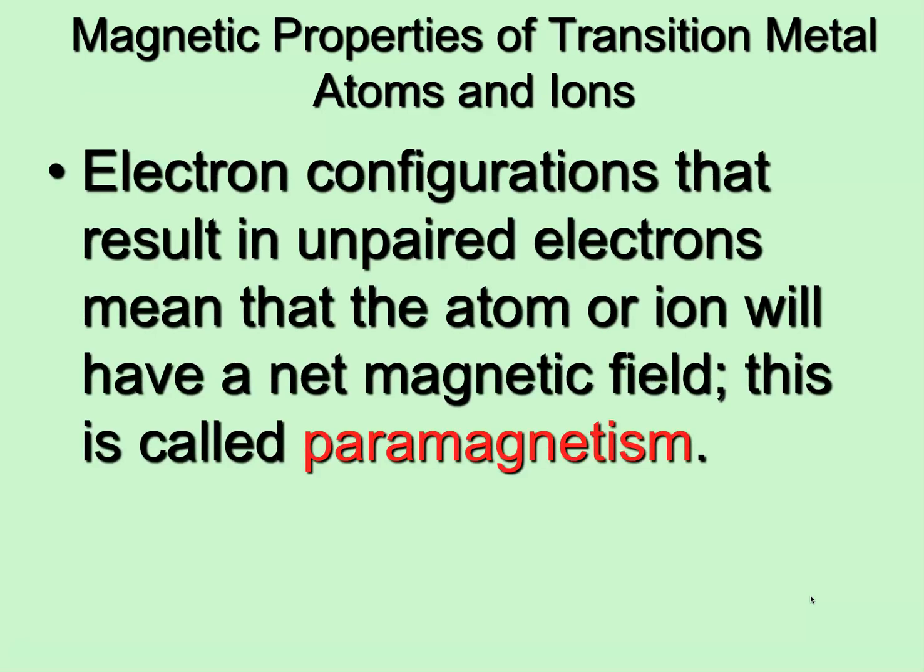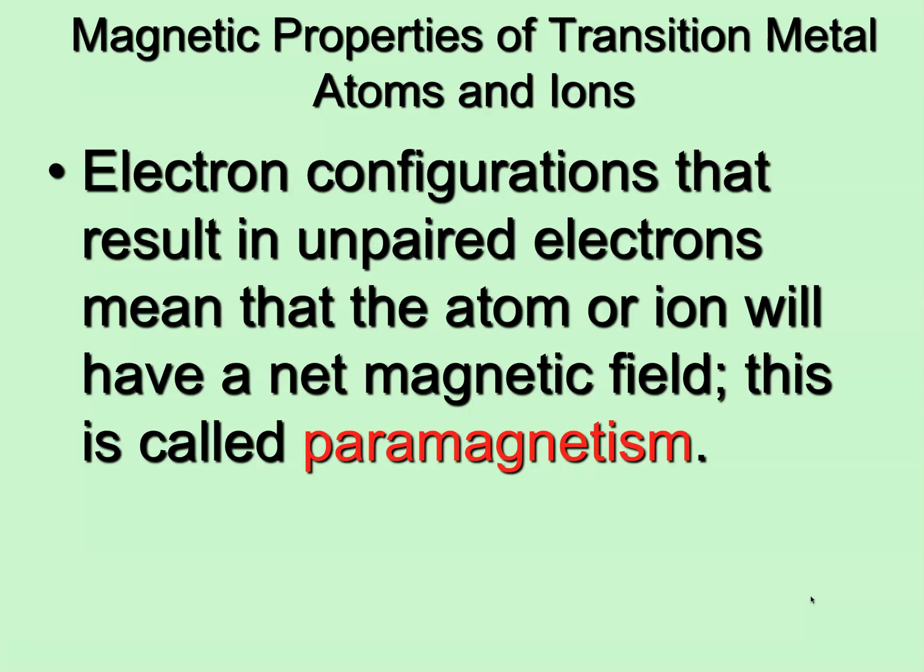But anyway, this whole idea of magnetism comes down to, do you have any unpaired electrons? The easiest way to determine this from an individual atom or ion perspective, draw the orbital diagram. You know, the boxes with the arrows.